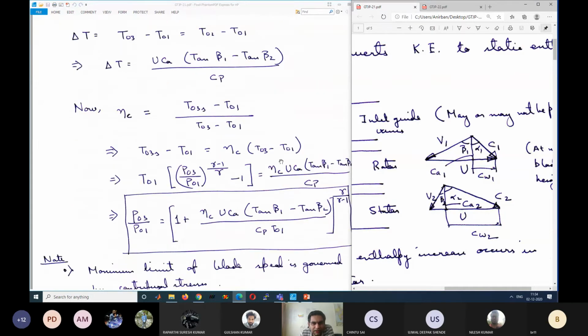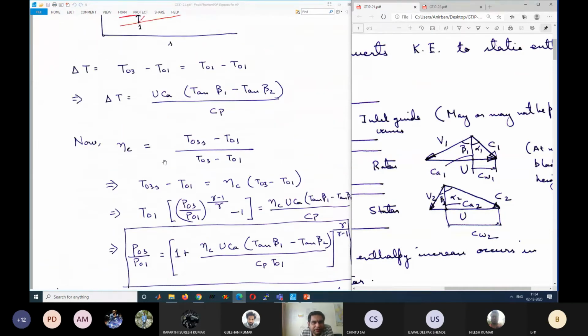Now, based on the isentropic efficiency, rearranging the terms, we can write T03S minus T01 as eta C times (T03 minus T01). Why are we writing it in this form? Because we can use T03S to calculate the pressure. If you take T01 common, you get T01 times (T03S by T01 minus 1).